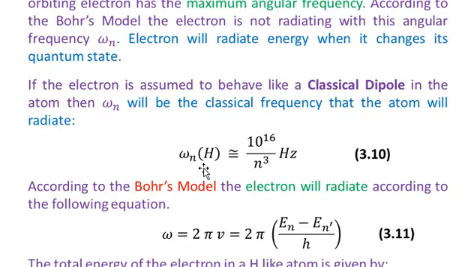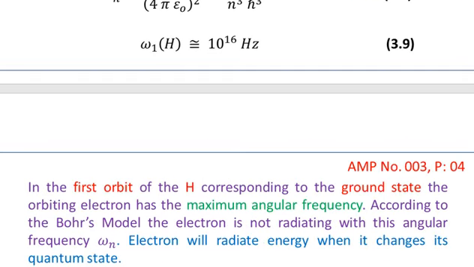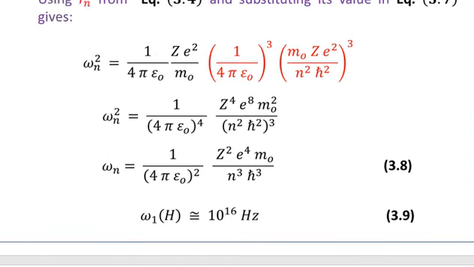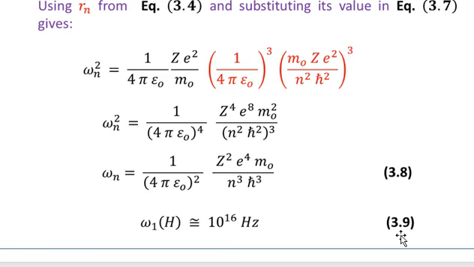So omega n for the hydrogen atom will then be of the order of 10 to the power 16 divided by n cube. So you see that in obtaining omega 1 in equation number 3.9, we have used n equal to 1 for the first orbit of the hydrogen atom.